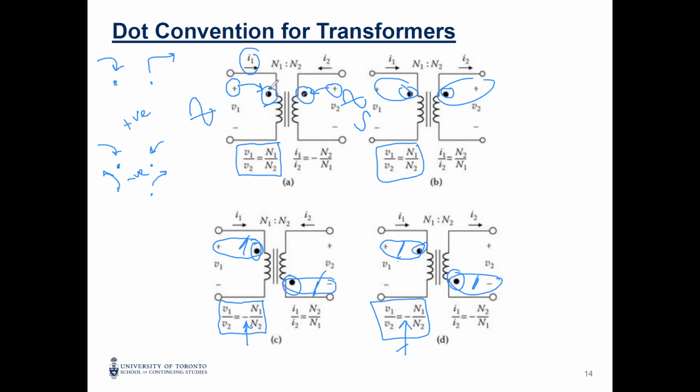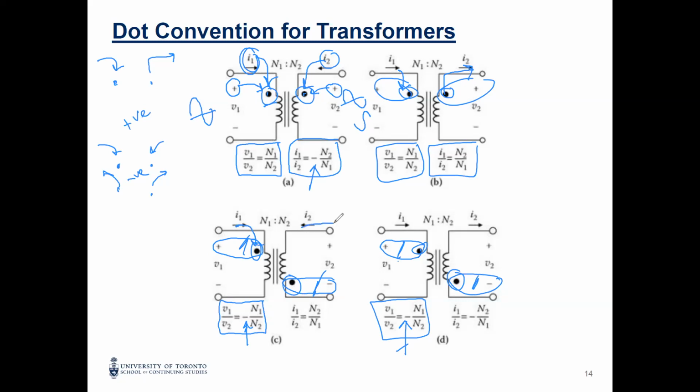Look at the first one. This one is entering, this one is entering. Then both are entering, right? So now you have a negative sign. One is entering, the second is leaving. Then you have a positive for the current. This one is tricky. This one is entering.